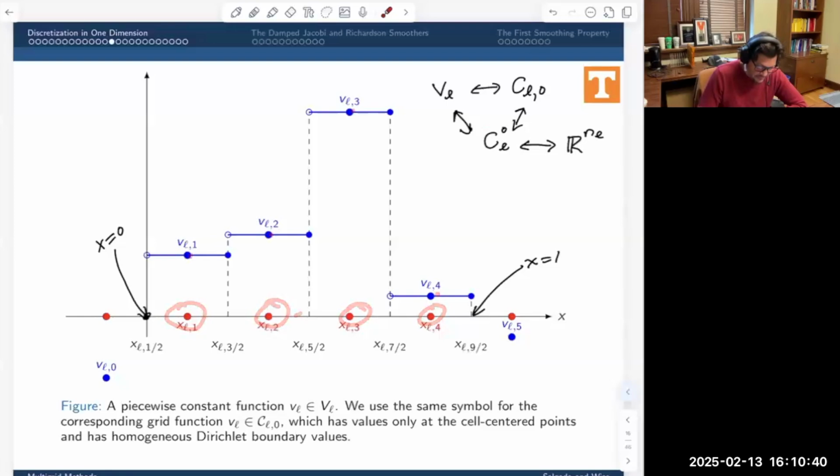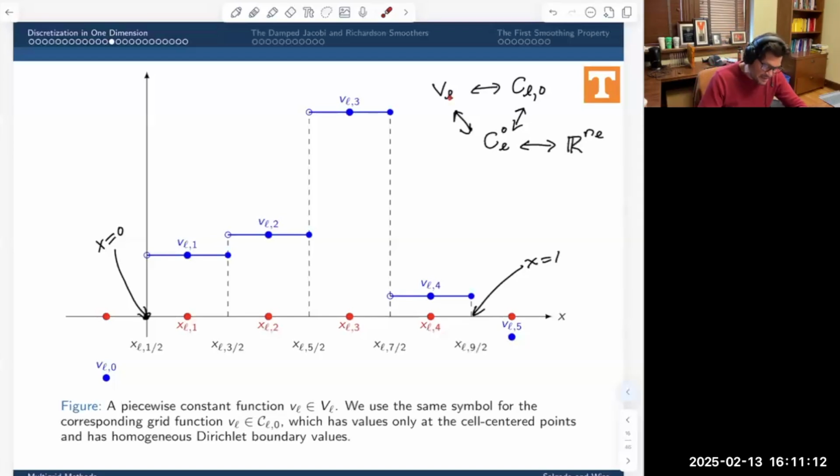It doesn't have degrees of freedom out here and here, but we could easily create those degrees of freedom by saying I can identify a function from here with a function from here just by setting those values to be minus the values of this point and this point. And likewise, if I start with a function here, I can easily reinterpret it as a function from this space because these aren't really degrees of freedom out here. They're linked to these values here. So they're not independent degrees of freedom.